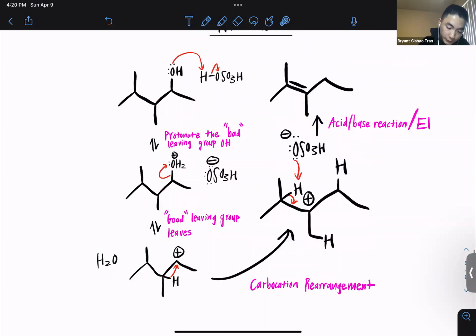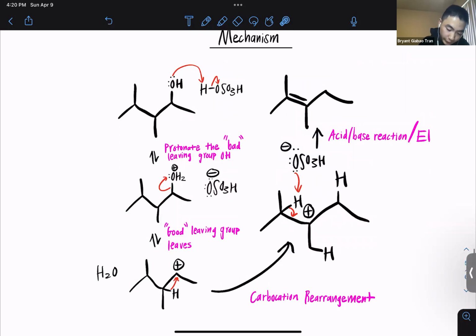Then we do an E1 reaction, where we could either grab this hydrogen, or this hydrogen to form the double bond. If we grabbed this hydrogen, we would form this double bond, which is a tri-substituted double bond.